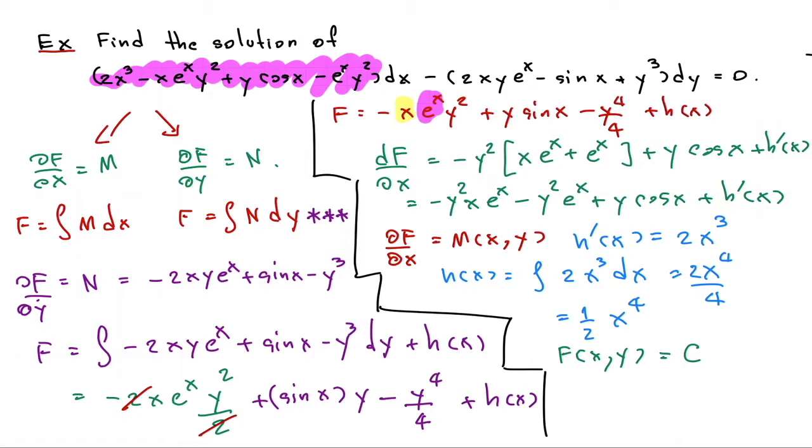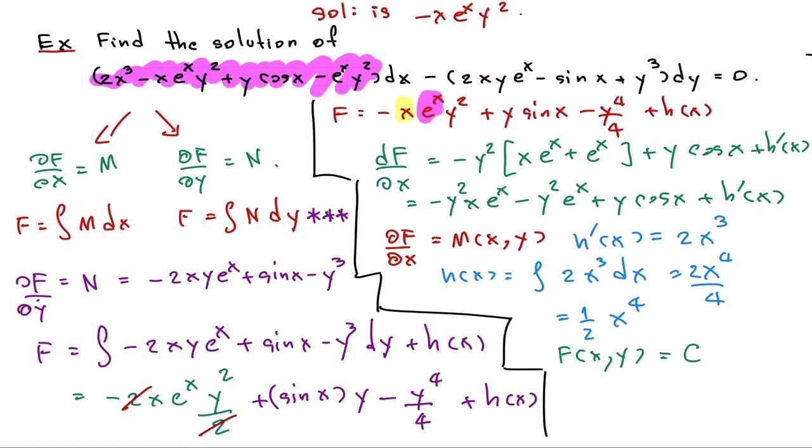So the solution is f of x y is minus x e to the x y squared. Don't forget, guys, f of x y is here, right?